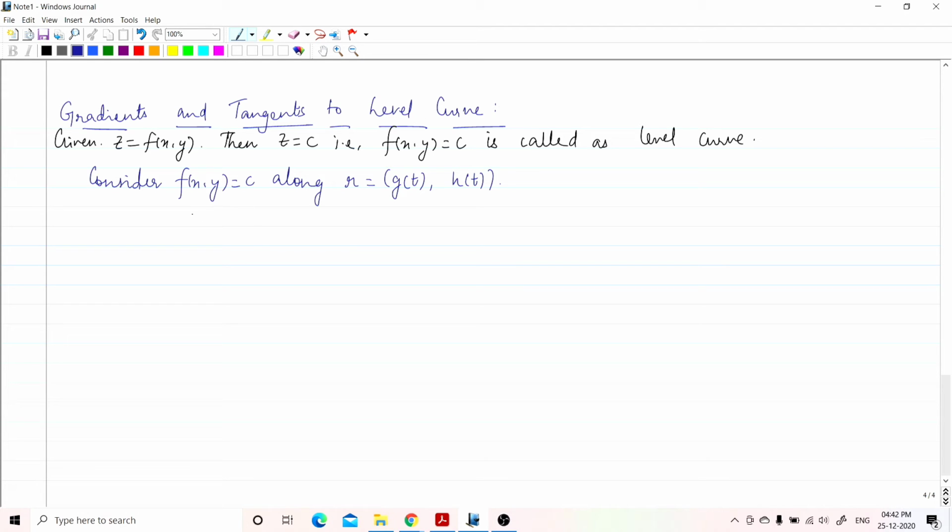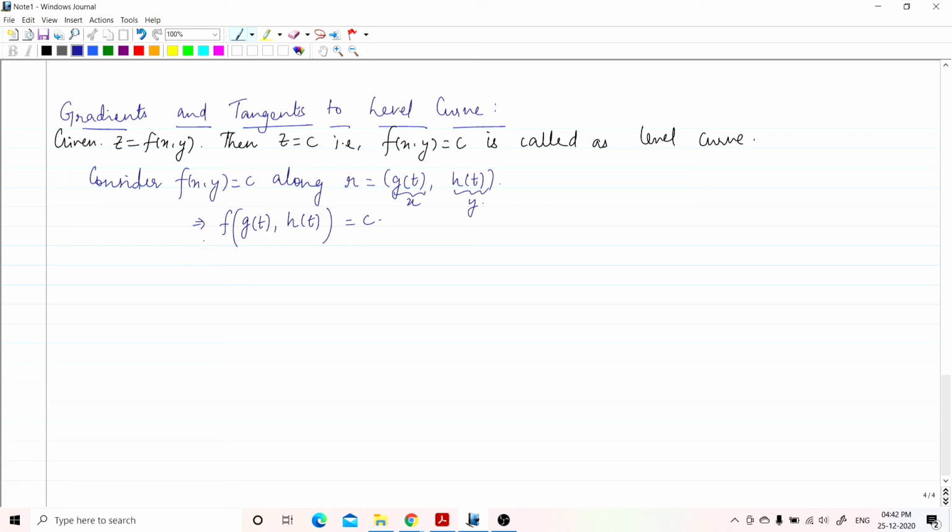So from this, you can write f evaluated along this curve. Along this curve, this is going to serve as your x coordinate and this is going to serve as your y coordinate. So your function will become f of g of t comma h of t, which is equated to c.